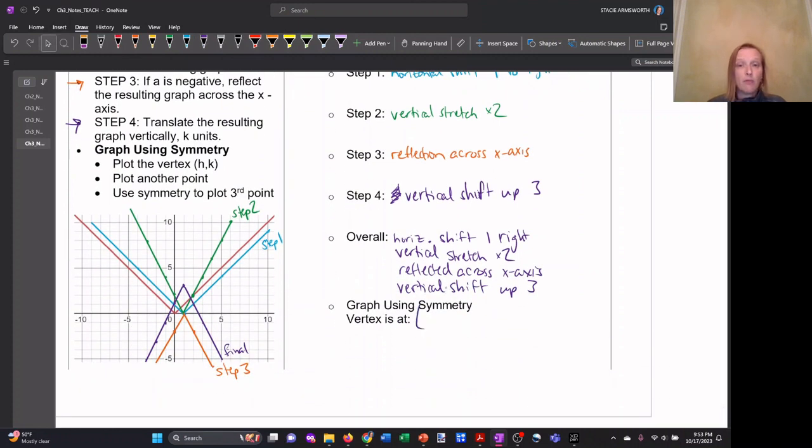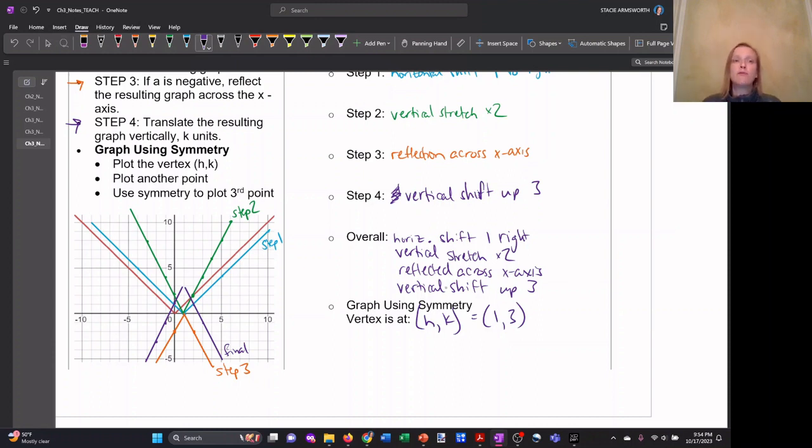So the vertex point is at h comma k. Well, for this example, my h value is 1 and my k value is 3. So I know that my vertex is going to be at the point 1 comma 3.